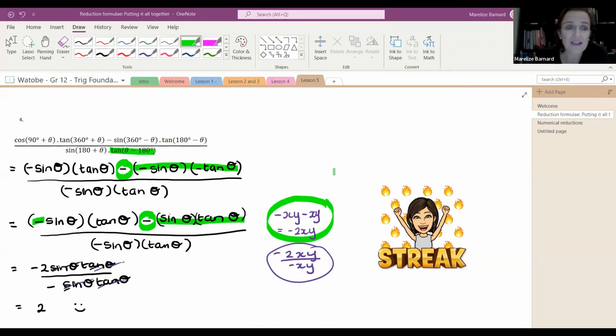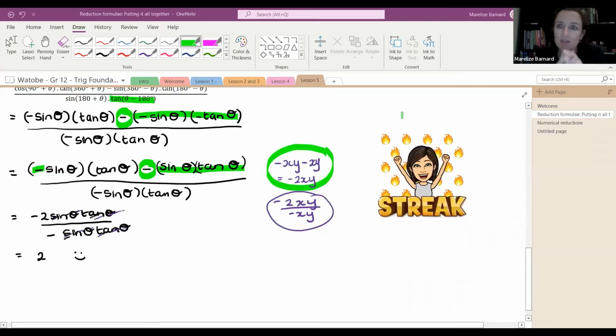Right, so it's good you guys are asking these questions so we clear this up and we get you on your way to doing grade 12 trigonometry. Because remember, all of this reduction stuff is still in your grade 12 paper as well.